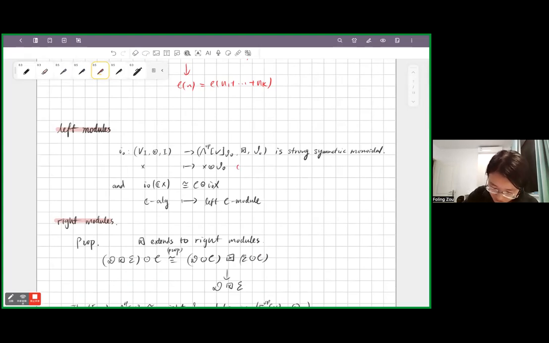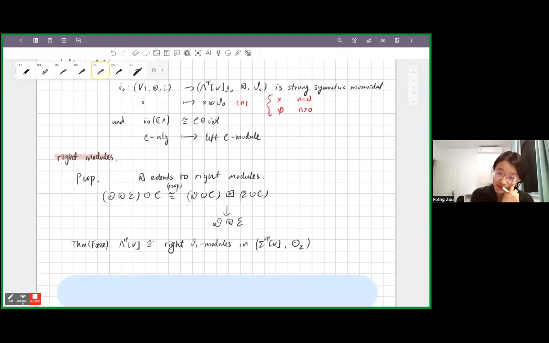So basically at 0, this is X, and at greater than 0, this is the empty space. And this map is a strong symmetric monoidal map. And if we do the monad Cx, or the associated functor Cx, and do I0, this is isomorphic to C dot with I0x. And it will embed C algebras into left C modules in the category of lambda sequences.